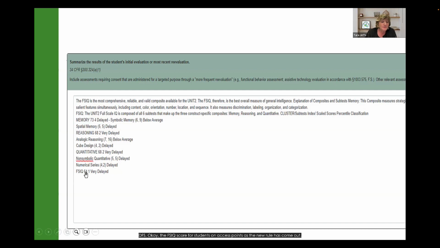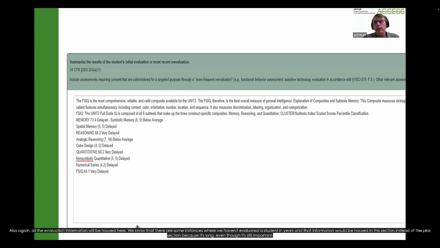Okay, thanks. The FSIQ score for students on access points, as the new rule has come out, is 67 or lower. So when we look for that, we need to have that FSIQ. Also, again, all the evaluation information will be housed here.